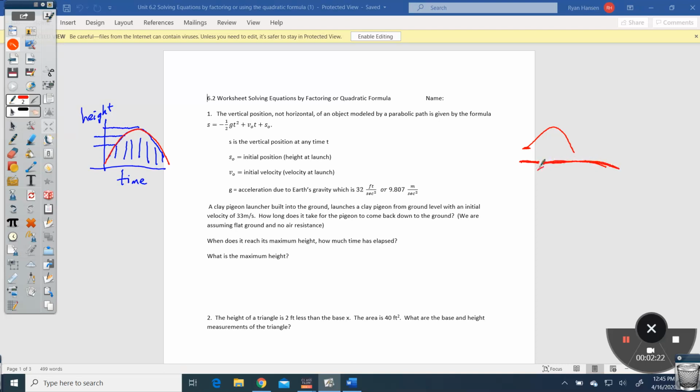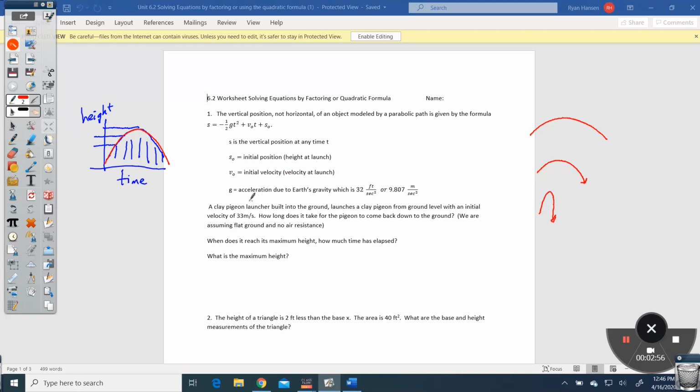Anyways, it follows a parabolic motion path as well. So this formula is for anything that has a projectile trajectory like this: a basketball shot, a football punt, if you throw a ball, if you throw a rock, if you jump off the diving board, you're going to go like this. Depending on how high up you are, you might be more like this. But all of these things can be modeled by this formula.